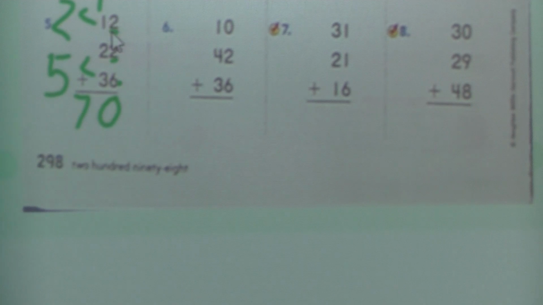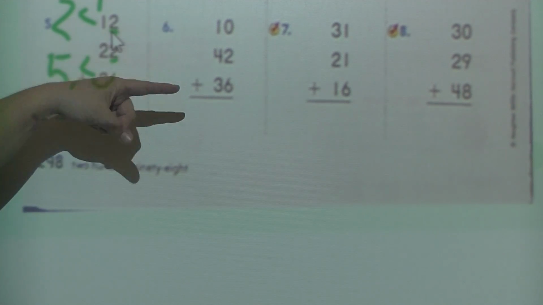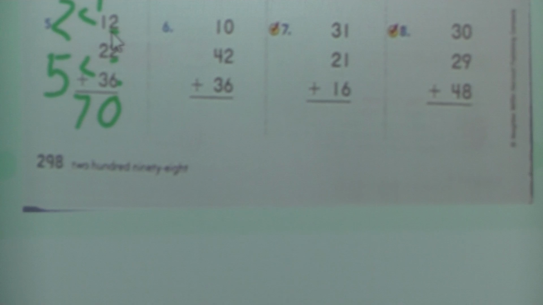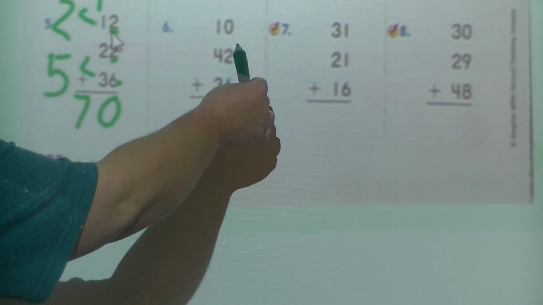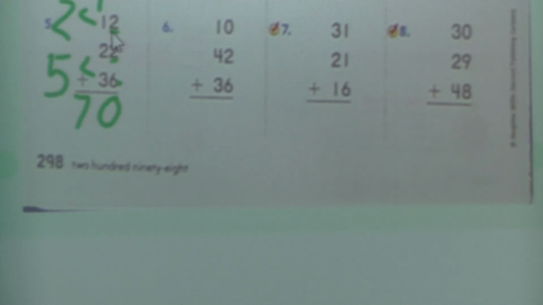Number 6. 10 plus 42 plus 36. Start with your ones column. Alright, this time you have 0. 0 doesn't bother anything, so you just add your other two numbers. 2 plus 6 is 8.